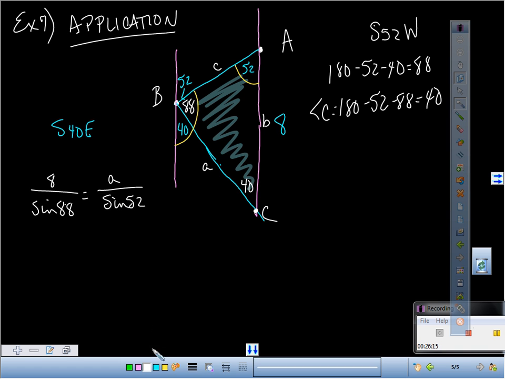Very good. So we're going to cross multiply. It'd be 8 times the sine of 52 over the sine of 88. All right, so tell me what you get for A.